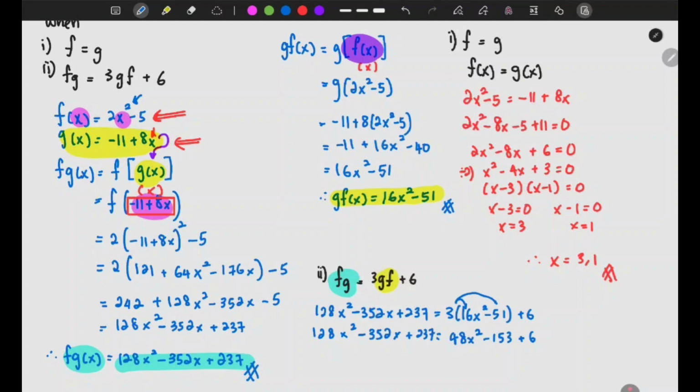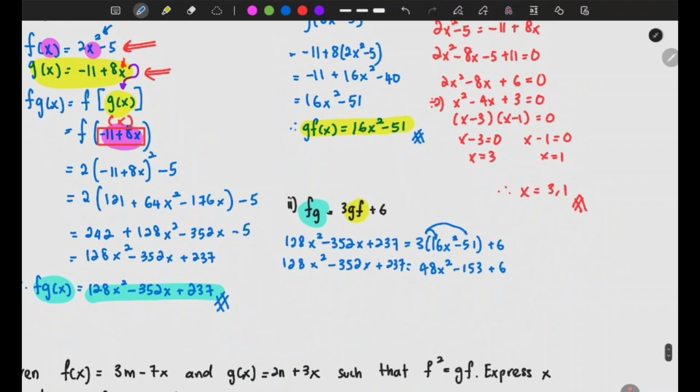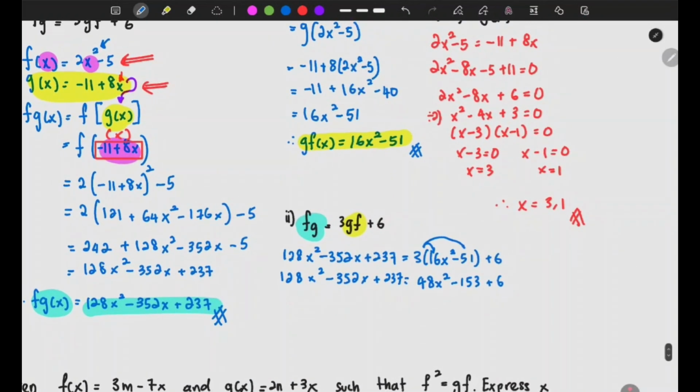Oops, looks like I don't have space. 48x squared minus 147 and 128x squared minus 352x plus 237. And then bring everything to one side, make it easier. So 128x squared. I prefer my x squared, the a, to actually be positive. It's easier to solve the quadratic.